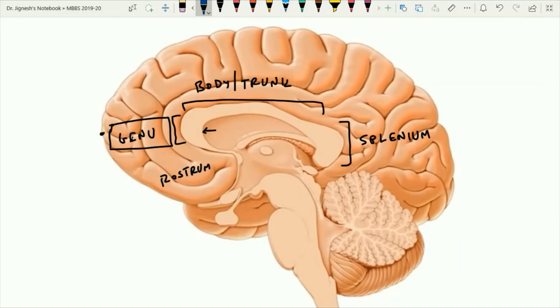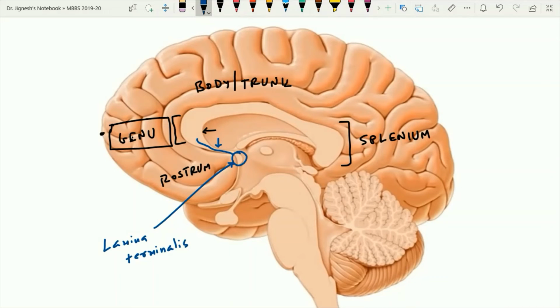The rostrum is the continuation of the genu, and it passes downward and backward and reaches the lamina terminalis. The rostrum forms the floor of the anterior horn of the lateral ventricle, and its fibers connect the orbital surfaces of the two frontal lobes.